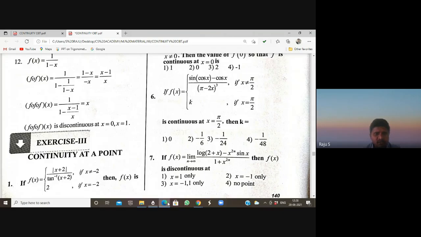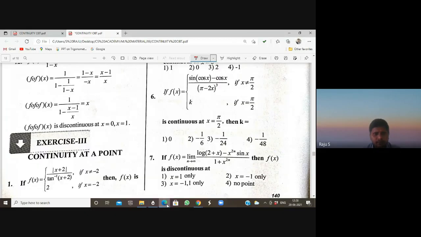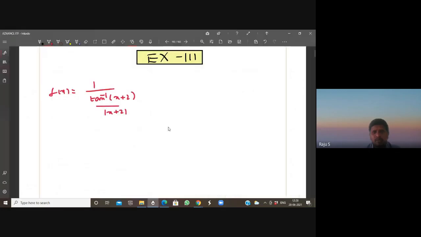First one: the function is f of x is equal to 1 by tan inverse, x should not equal to.